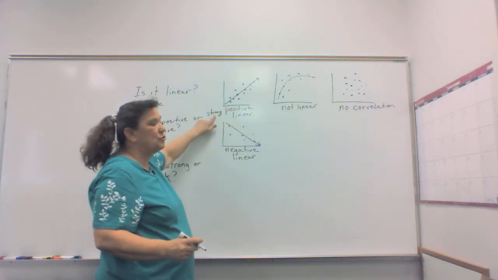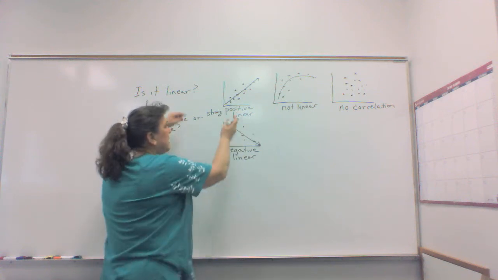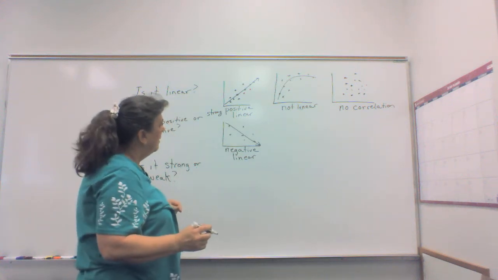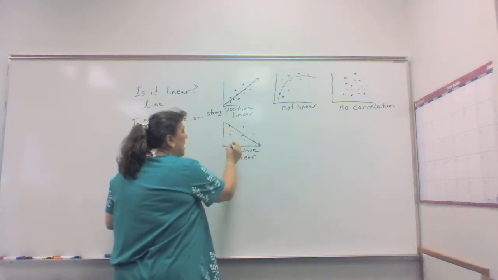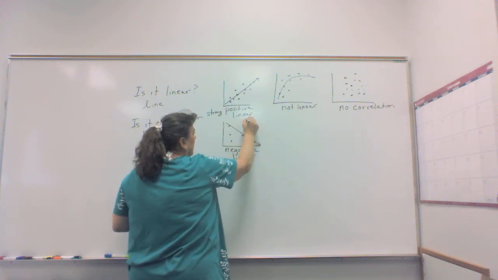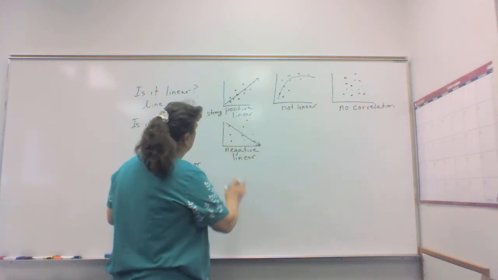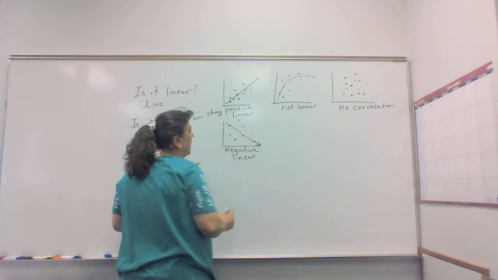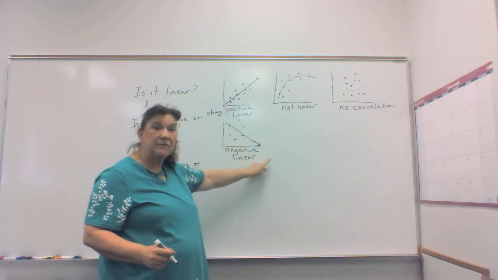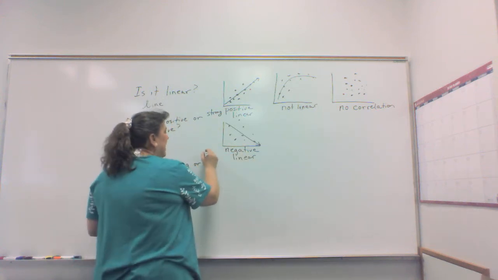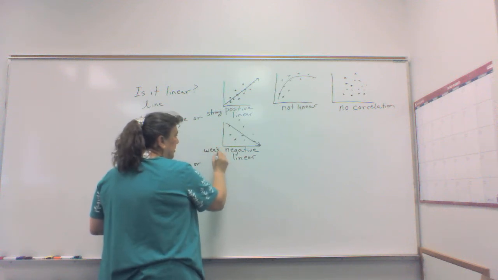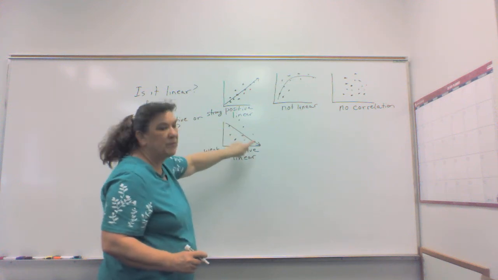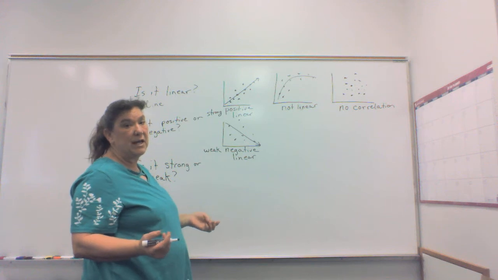The reason it is a strong positive correlation is because your grouping is fairly close to the line. This one wouldn't be as strong. Although this is a negative correlation, it would be called a weak negative correlation, and it's because your data points are further from the line. So that's how you're going to tell what it is.